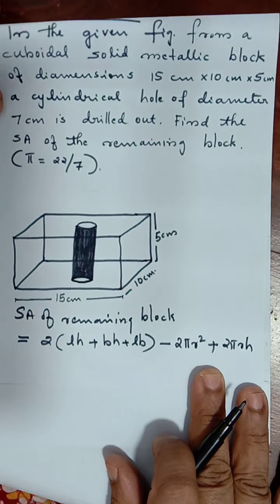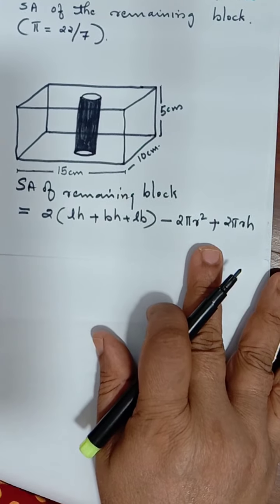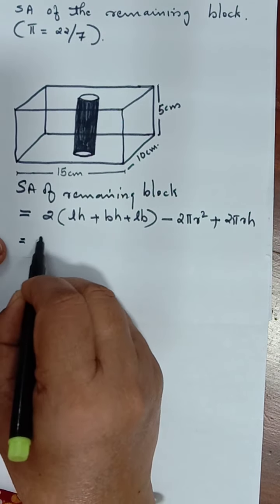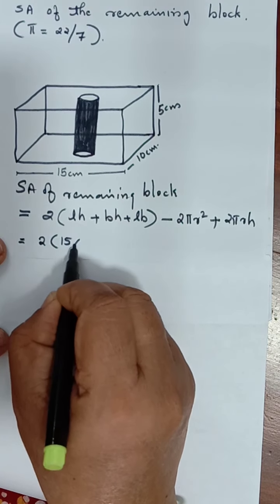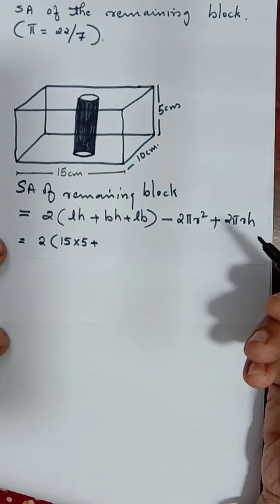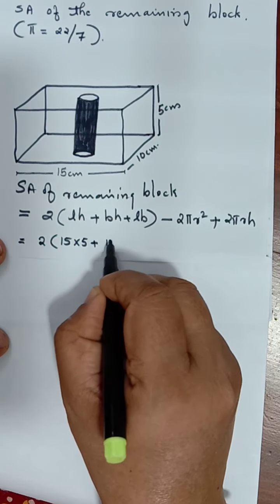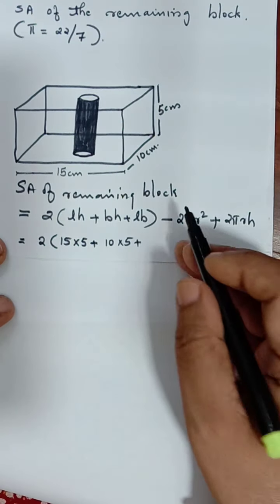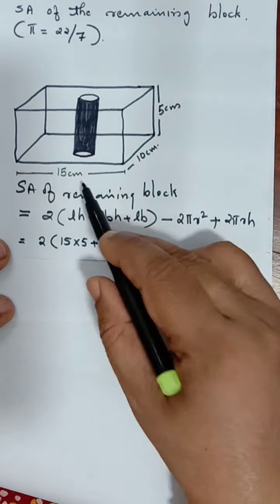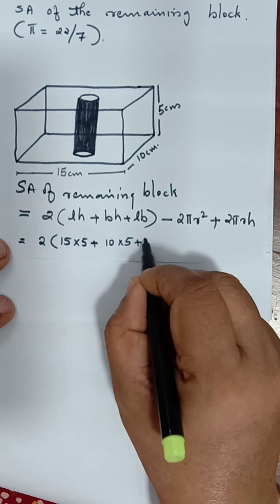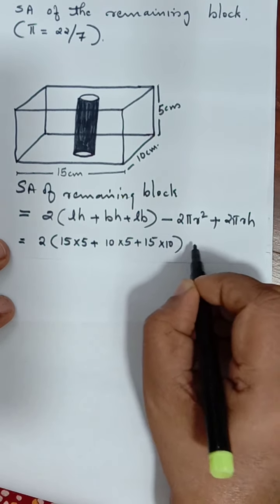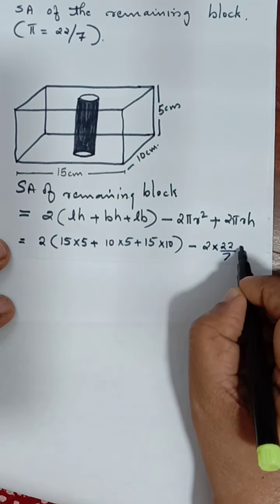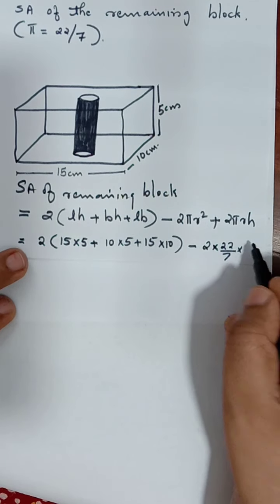Now we are going to substitute. That is 2 into LH, 15 into 5, plus BH, base into height, 10 into 5, plus LB, length into breadth, 15 into 10, minus 2 into pi r square, 22 by 7 into radius, we get it as 7 by 2.